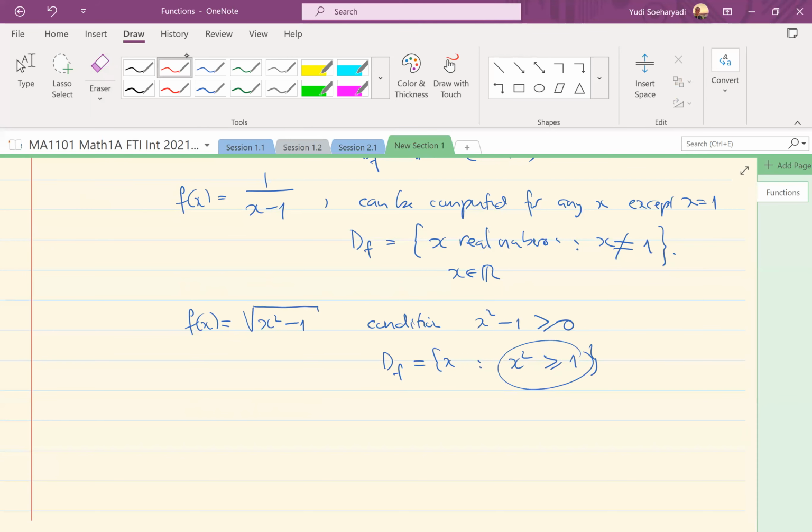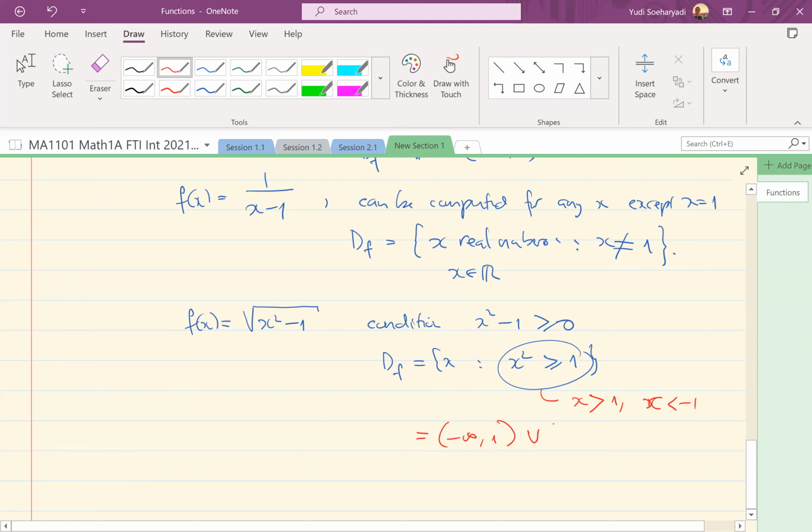If you solve this one, you get x larger than 1 or x smaller than negative 1. Okay. So finally you get this one, the intervals up to negative 1 and from 1. Okay, so this is how to compute a domain, for example.